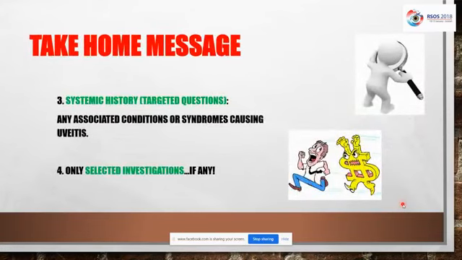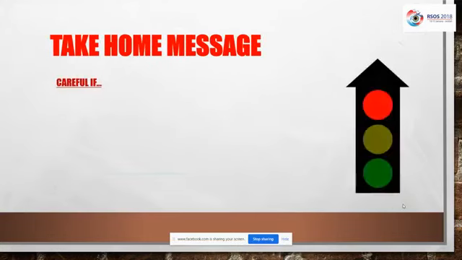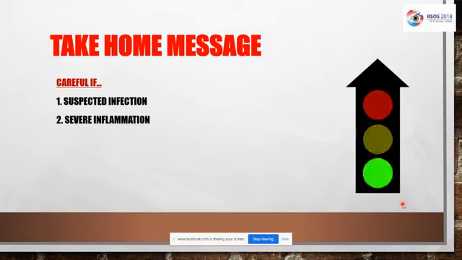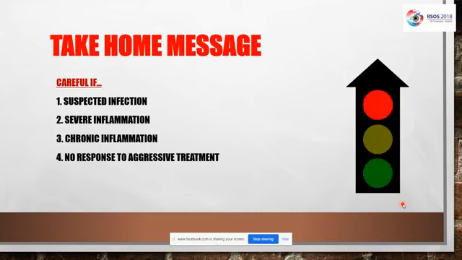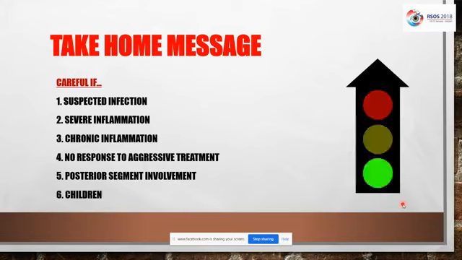Systemic history with targeted questions, the uveitis questionnaire, is very important to be asked, and only select investigations, if any, not requesting many investigations for patients. And be careful if you are suspecting infection, if there is severe inflammation, if there is chronic inflammation in the eye, if there is no response to treatment, and if there is posterior involvement, as well as uveitis in children.